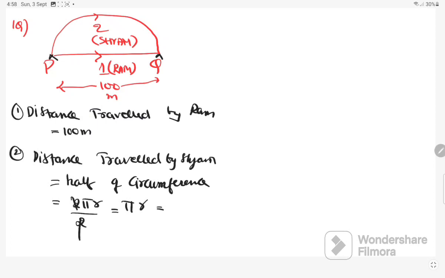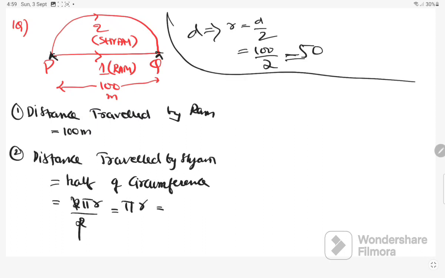See, P to Q, here to here is nothing but the diameter. Then what is the radius? If the diameter is given, radius will be d by 2. So the diameter is 100, so the radius will be 50. Getting this point, everyone? So pi as it is, radius will be 50. So the distance traveled by Sham will be 50 into pi, that is 50 into 3.14.